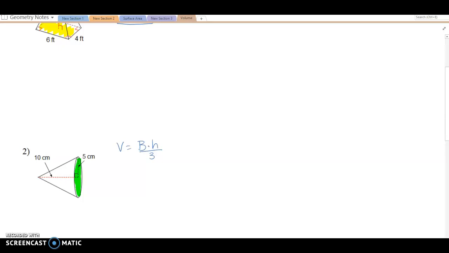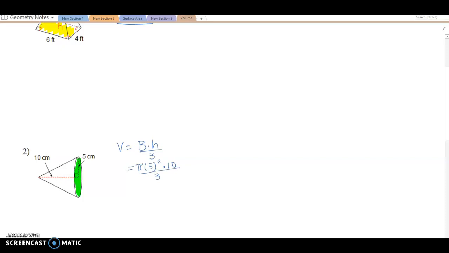And the height I'm going to use is the 10 centimeters. Again, it has to be a perpendicular height and altitude, not the slant height. Area of the base, since this is a circle, is pi times radius squared. Radius is 5. Height is 10. Multiply that by 10. Divide that all by 3.